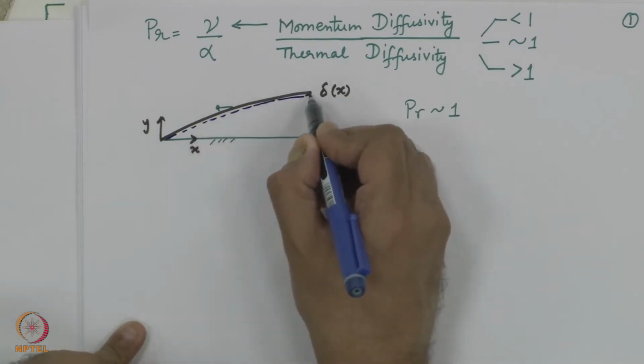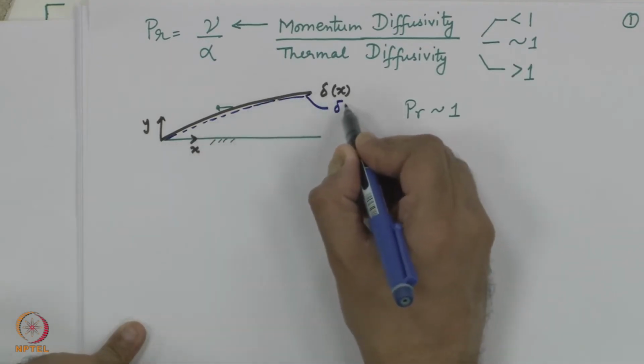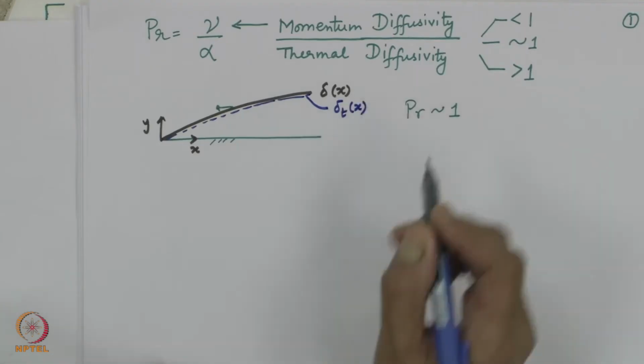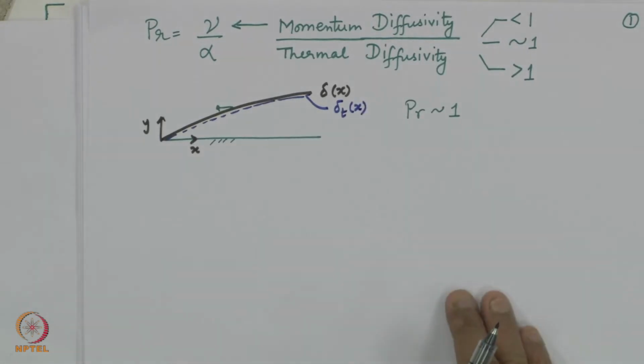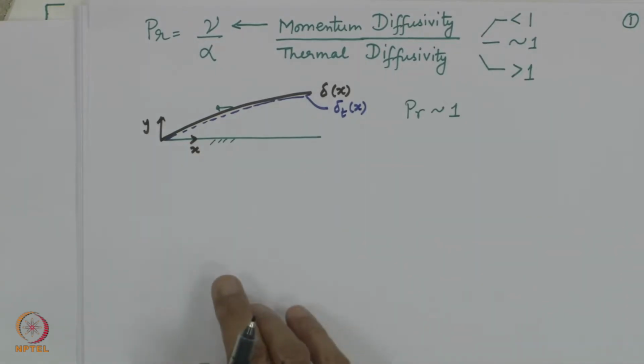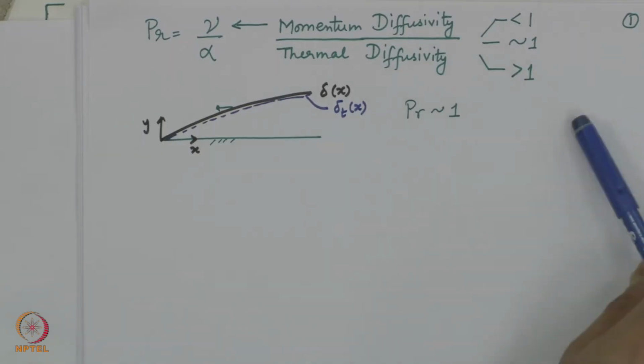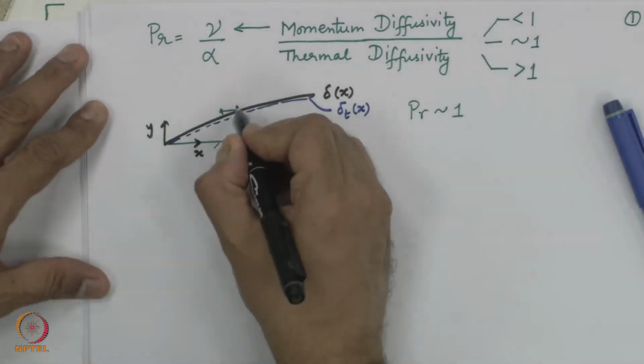The curve shown in purple is the thermal boundary layer. These two boundary layers are kind of the same dimension. The growth rate is also similar. This is for Prandtl number equal to 1 or approximately equal to 1. What happens to the velocity and temperature profiles?